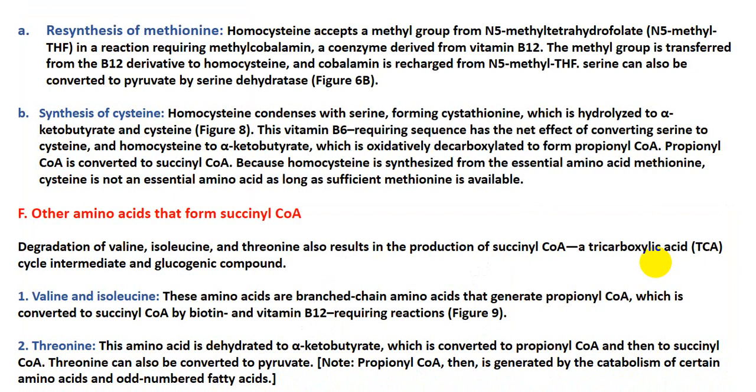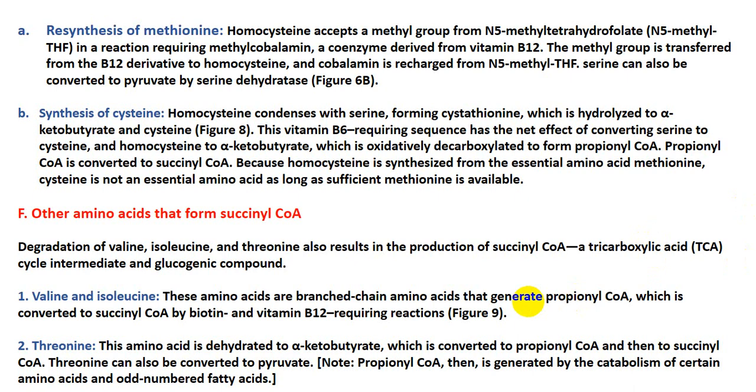The other amino acids that form succinyl coenzyme A are valine, isoleucine, and threonine. Valine and isoleucine will be decarboxylated to form propionyl coenzyme A and then succinyl coenzyme A, and converting propionyl coenzyme A into succinyl coenzyme A requires biotin and vitamin B12.